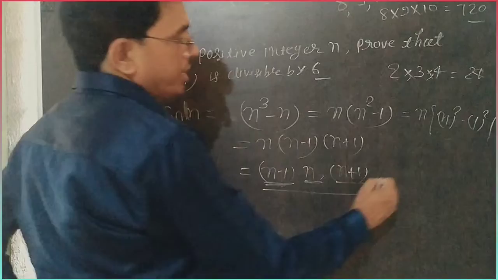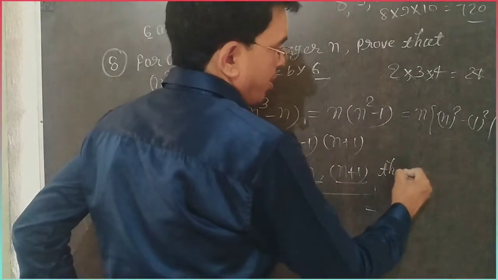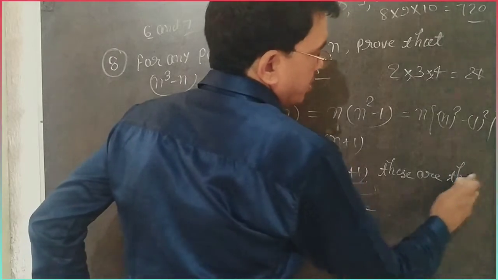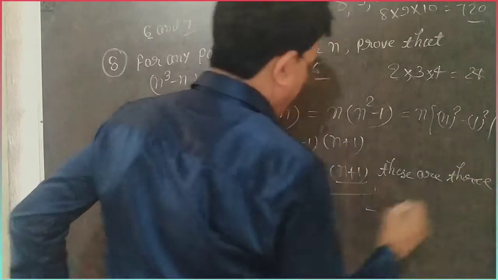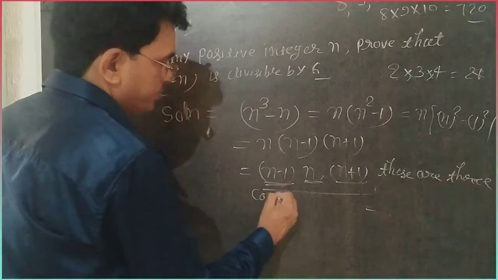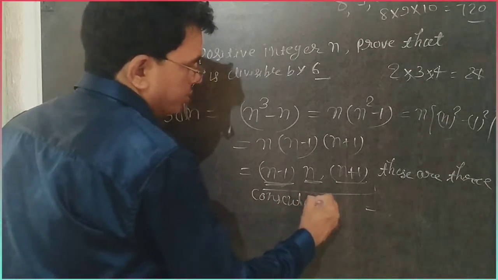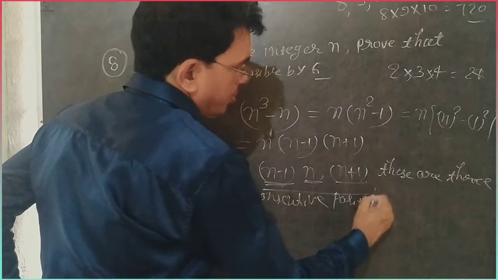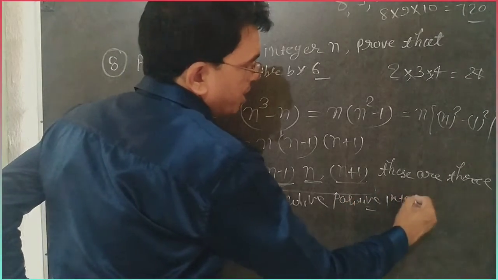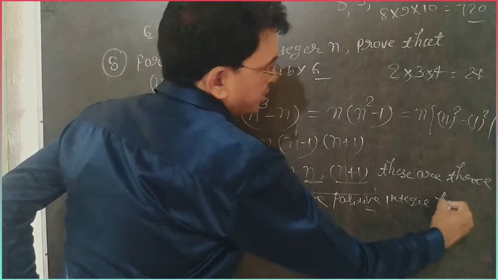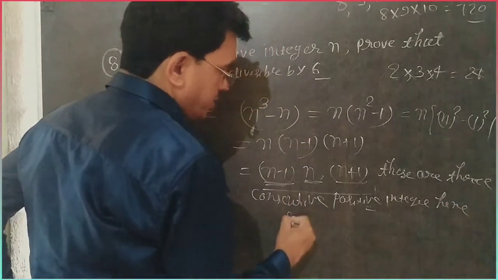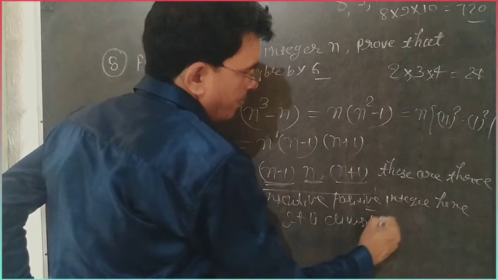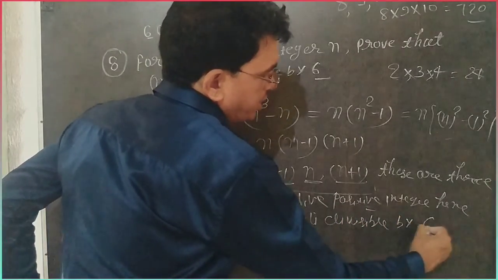So you write: these are three consecutive positive integers, hence it is divisible by 6.